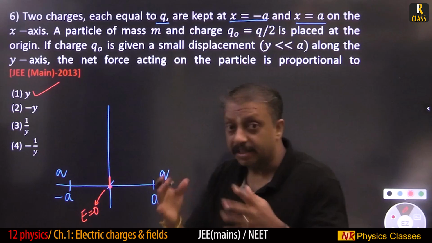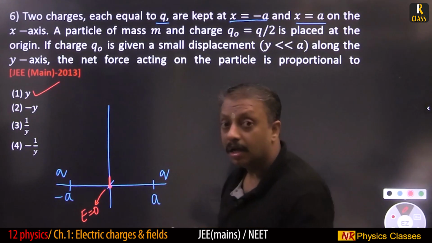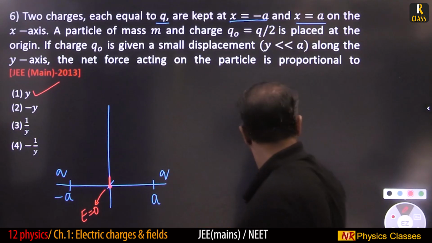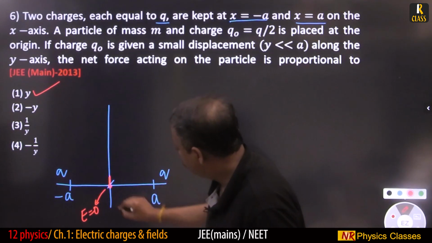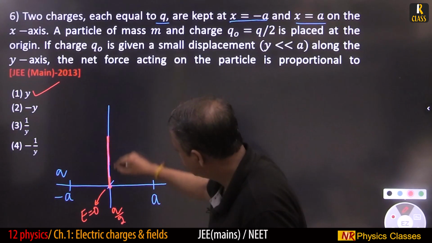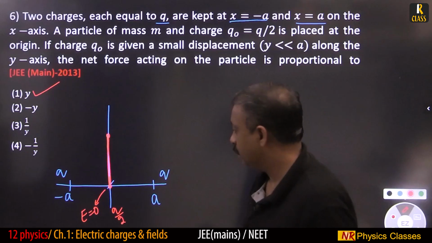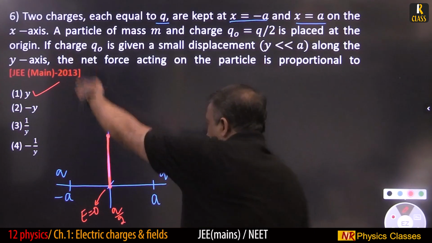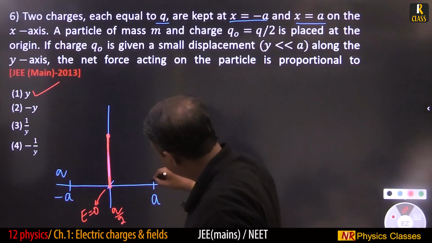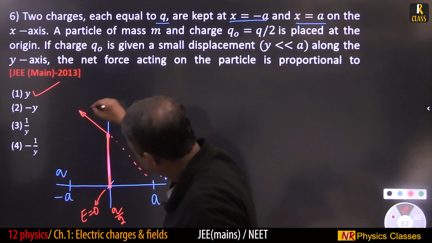Now let me exaggerate. Instead of writing small, let me make it a larger displacement. If Q by 2 is displaced and this is the position of Q by 2, there is repulsion between these two. This is the force of repulsion.